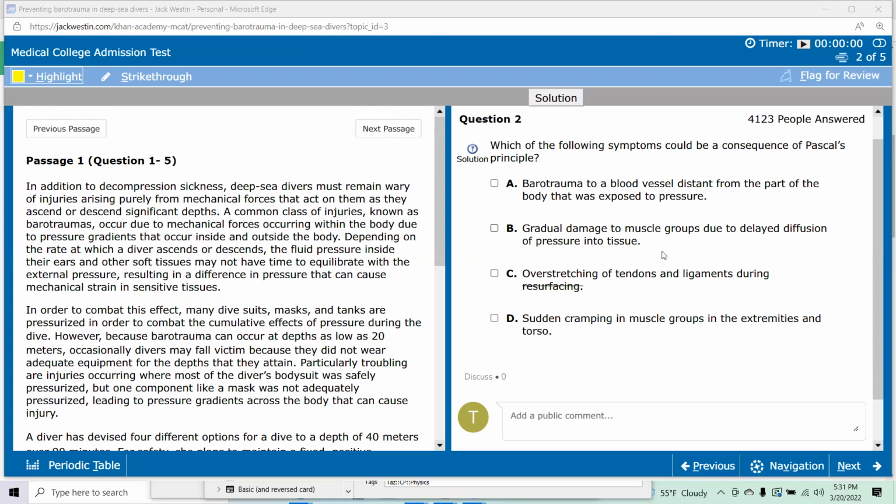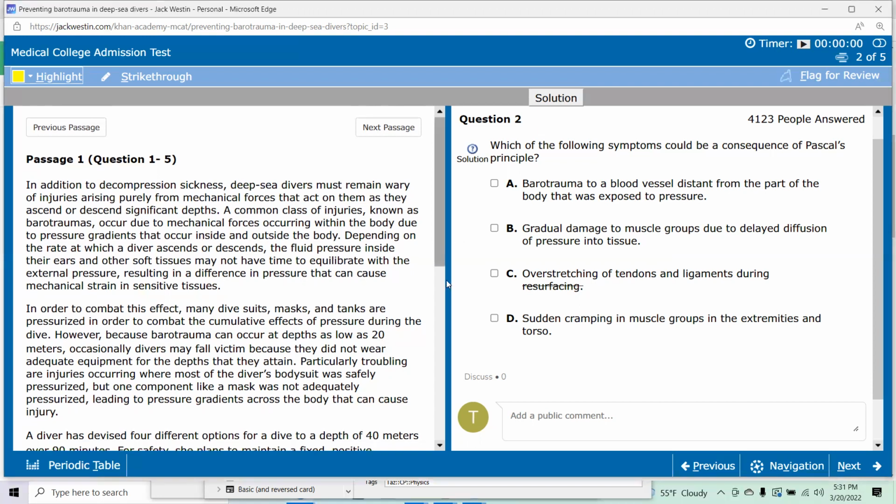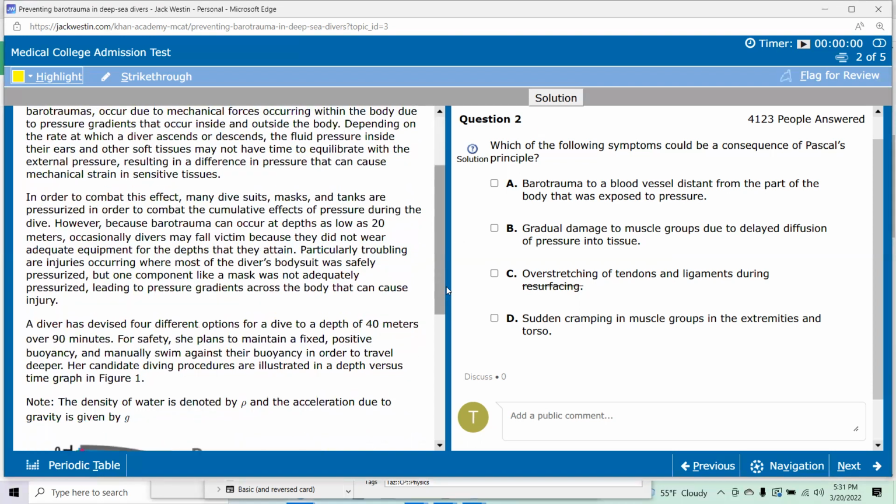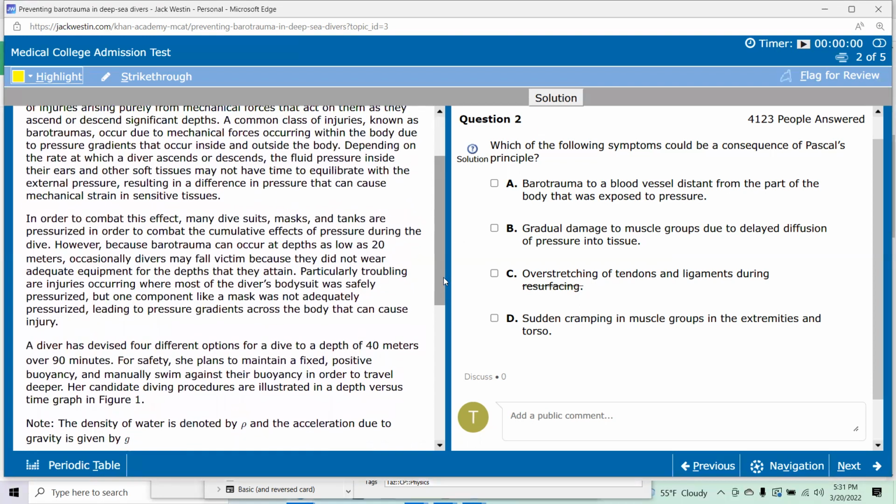And then I remember the passage mentioned very subtly, in the second paragraph, that sometimes they get troubling injuries if different parts of the bodysuit are pressurized unevenly, like one part isn't pressurized well versus the other. Right, you're talking about this part, right? Yeah, exactly. So it was like, okay, that's a random part in there.